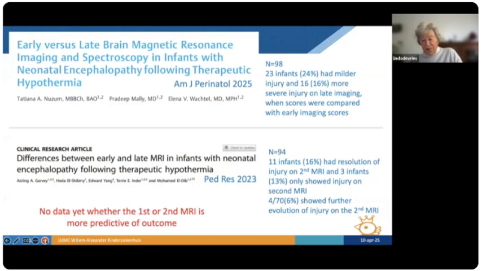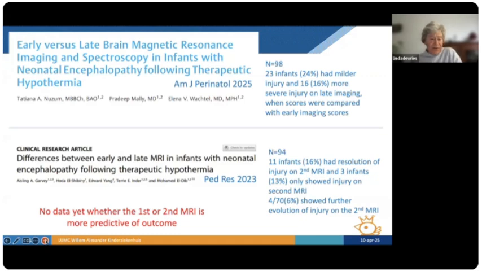Well, in the other paper by Mohammed's group, we have 94 babies, and 16% once again showed resolution of the injury on the second MRI, and 13% only showed injury on the second MRI. And 4 out of 76% had further evolution of injury on the second MRI.